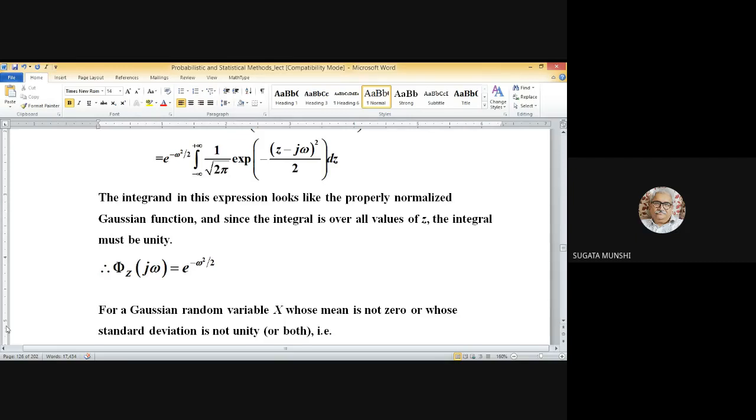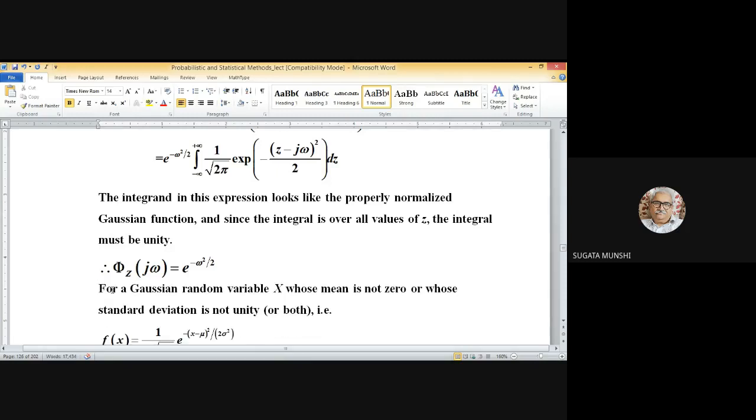Another thing is, if this is for the standard Gaussian random variable, how will you obtain the characteristic function for a Gaussian random variable whose mu is not 0 and sigma is not equal to 1?